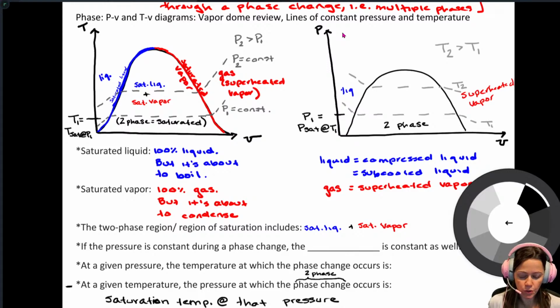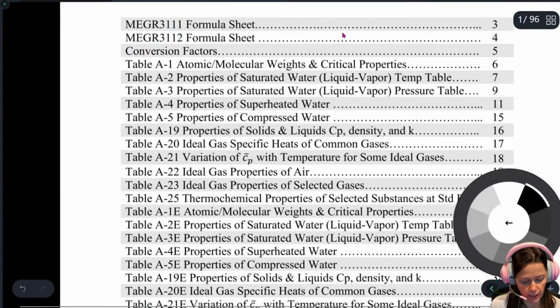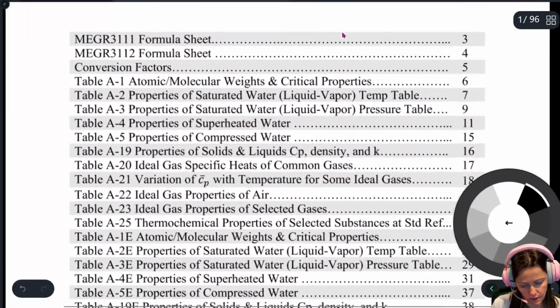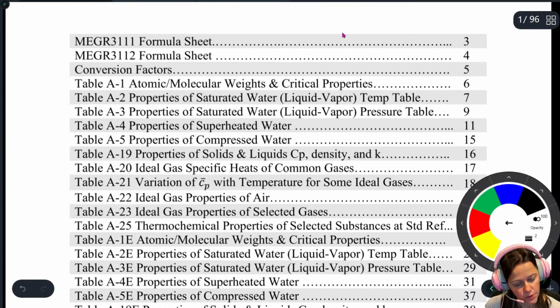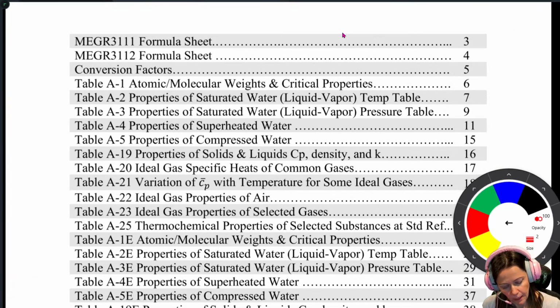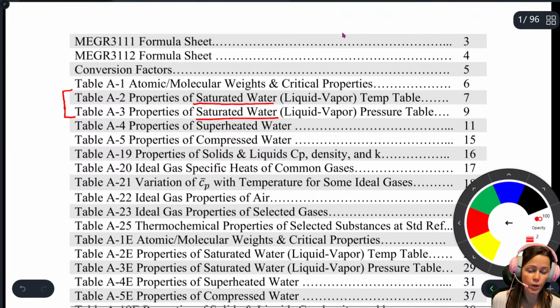So let's take a look at our tables here. I'm on page 1 of that big PDF, and I'm going to look at A2 and A3. These are properties of saturated water, and they're just organized differently.